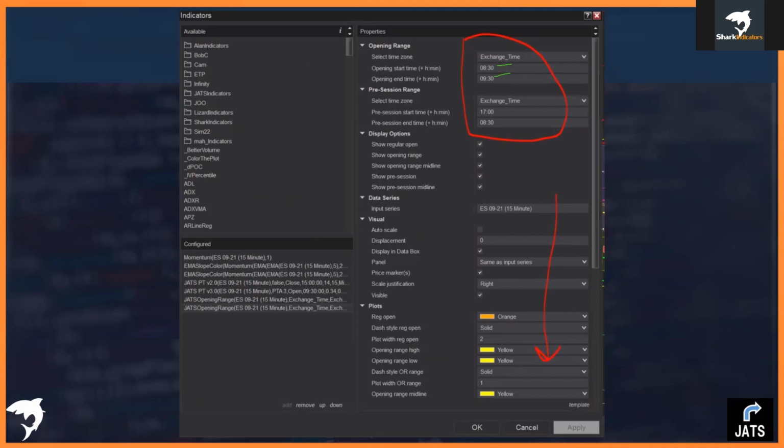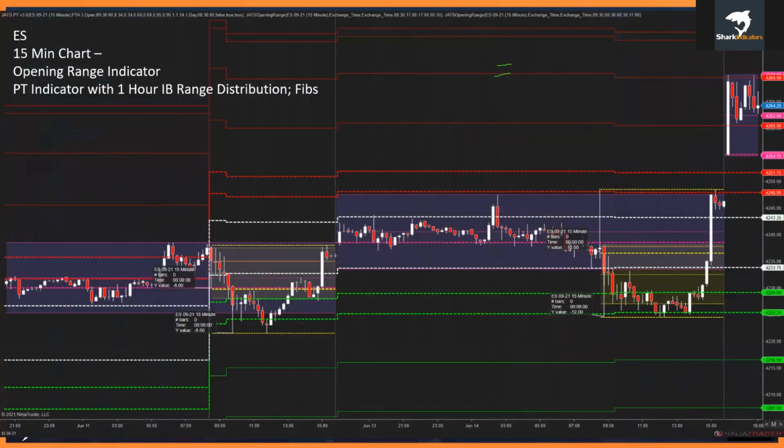So using just a few simple concepts with volatility and this opening range, I can apply that with the PT indicator and capture these intraday range levels. This is a 1-hour IB range. It looks just the same as the monthly or daily.